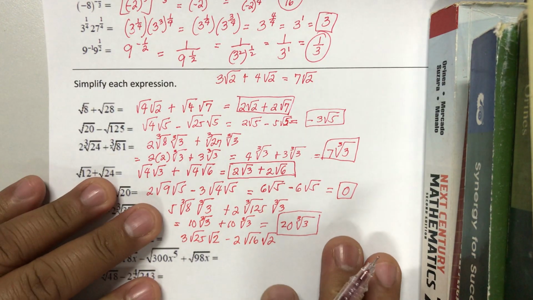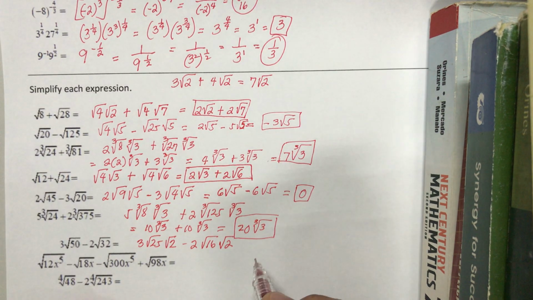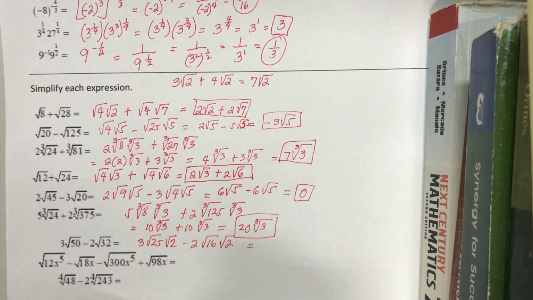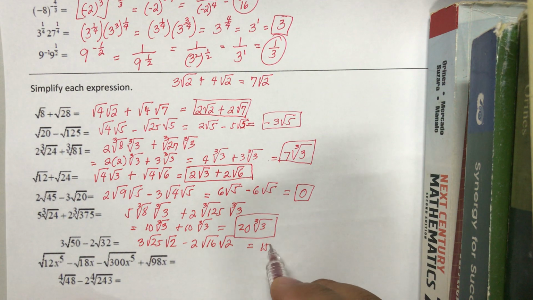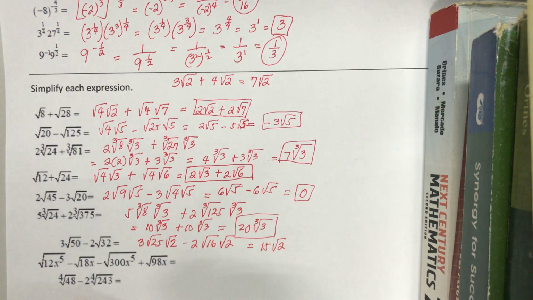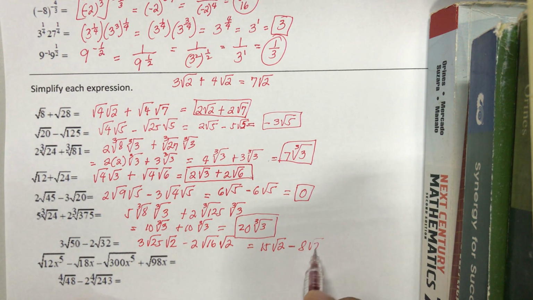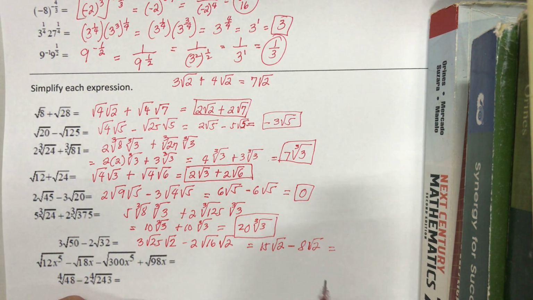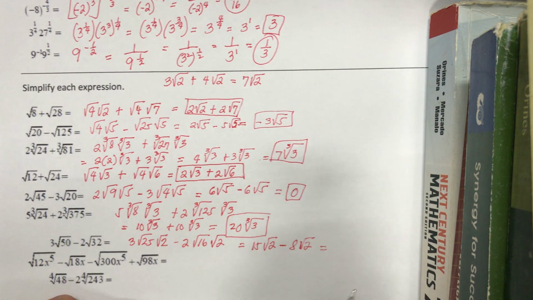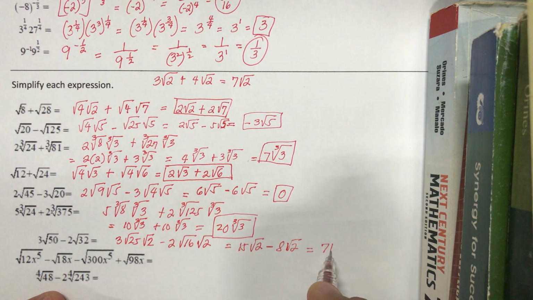Simplifying it further, the square root of 25 is 5 times 3 is 15. 15 square root of 2. The square root of 16 is 4 times negative 2 is negative 8 square root of 2. Therefore, 15 square root of 2 minus 8 square root of 2 is 7 square root of 2.